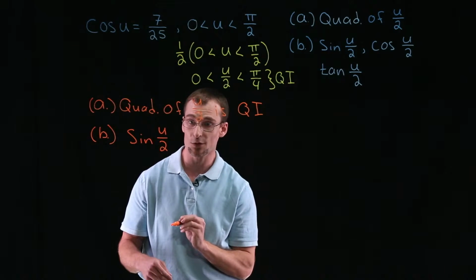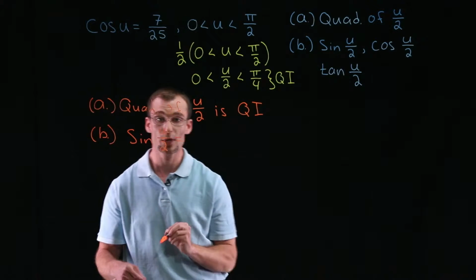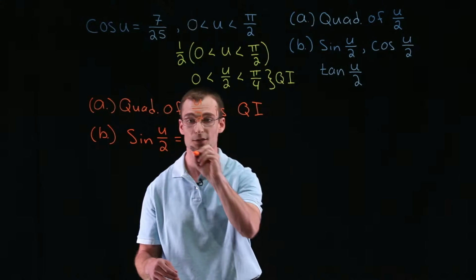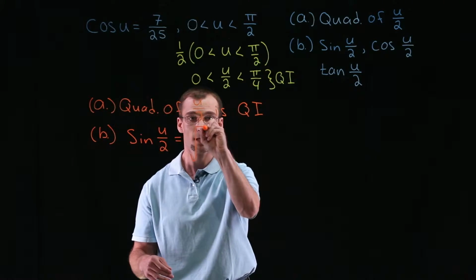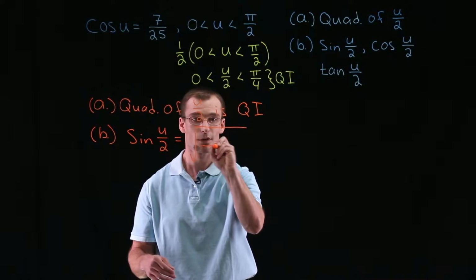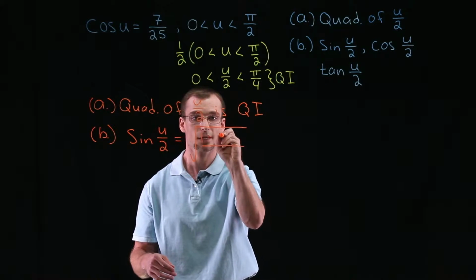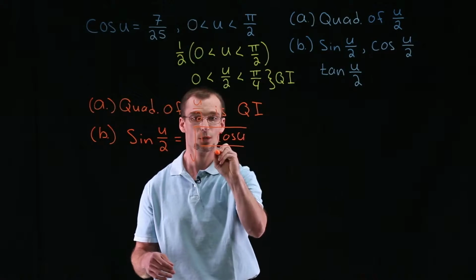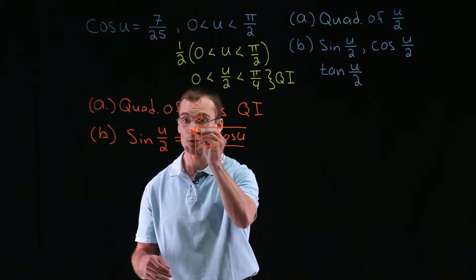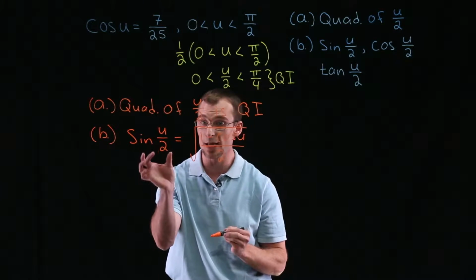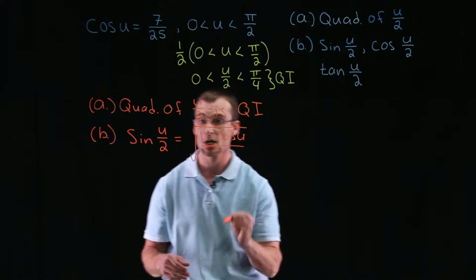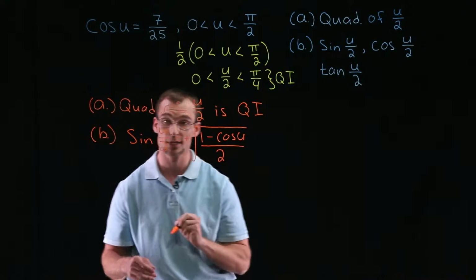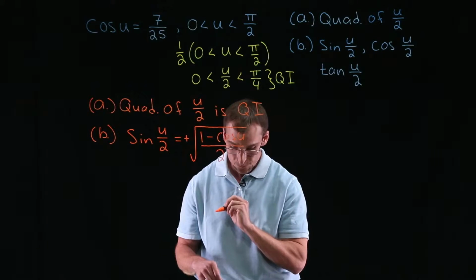Sine of u over 2 is equal to plus or minus the square root of (1 minus cosine u) over 2. I didn't write the plus or minus because we know where the angle u over 2 sits. It's in quadrant 1 where sine is positive, so we take the positive square root.